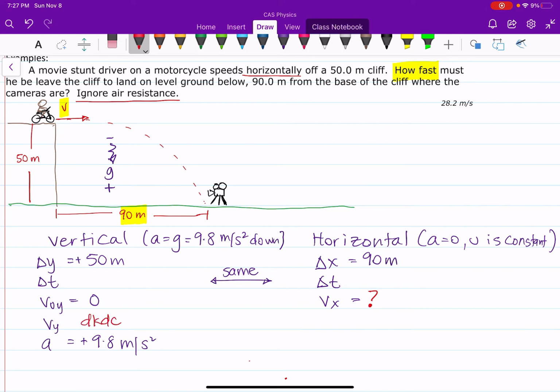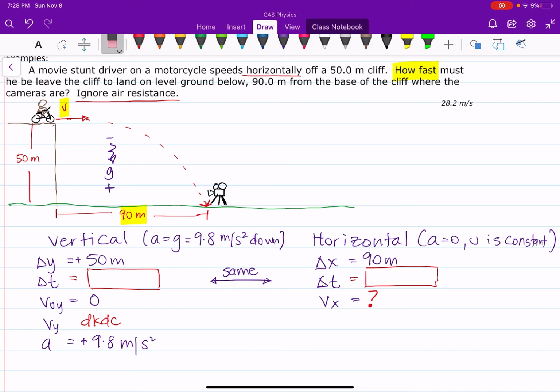What speed is it going vertically at that bottom? I don't care. But I do find this information useful. If I know the time here, I can put it into the time here, and once I have that, I can solve for Vx. And that's what we're going to do.